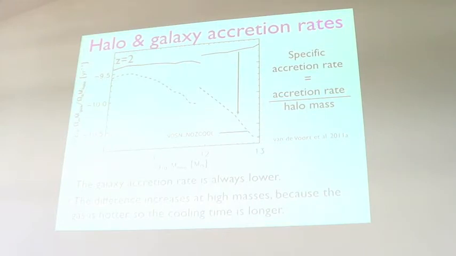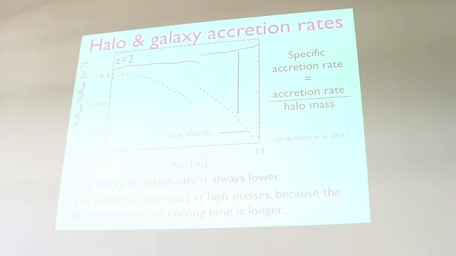So you can see the galaxy accretion rate is always lower than the accretion rate onto halos, and the difference is largest at the highest masses because the temperature of the gas is higher in higher mass halos, since it shocks to the virial temperature, so the cooling time is longer.